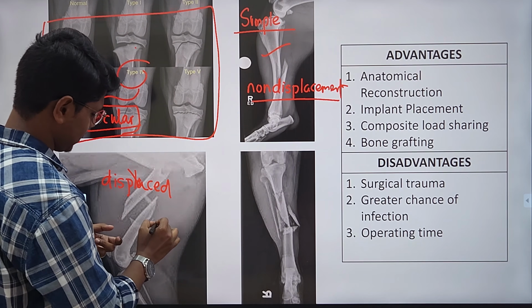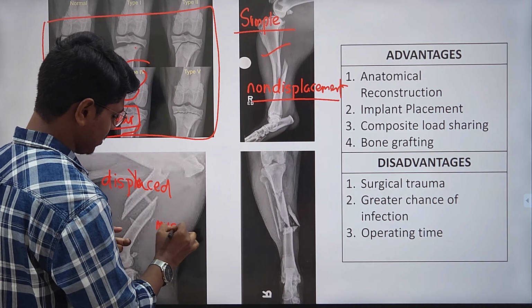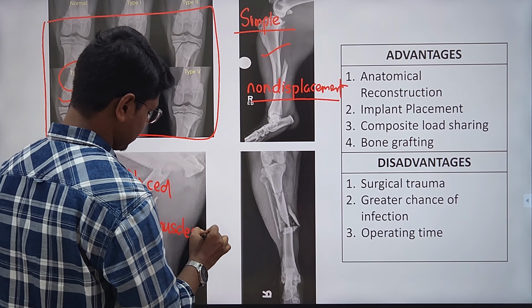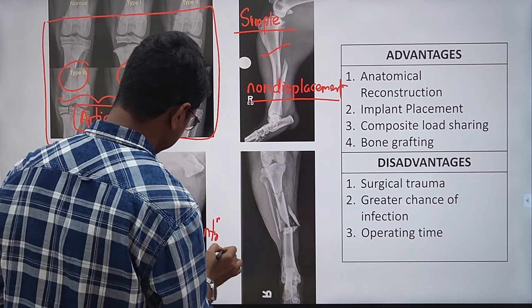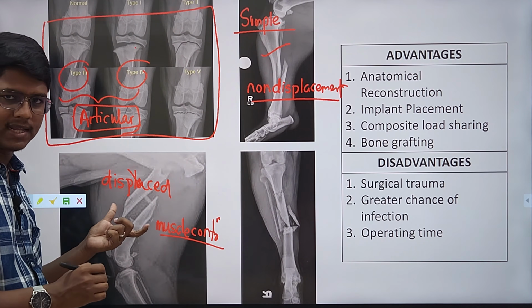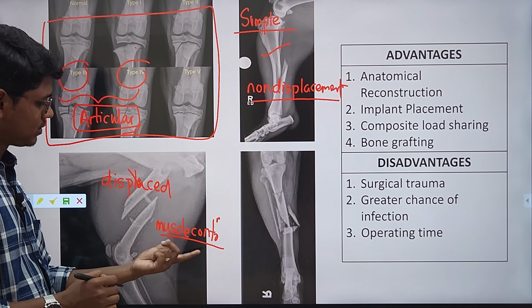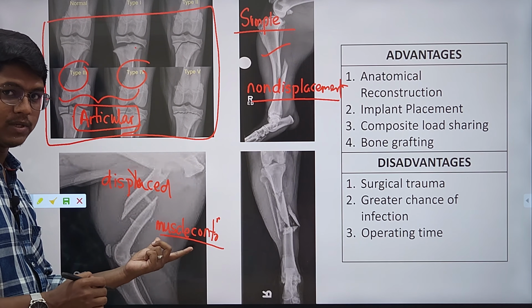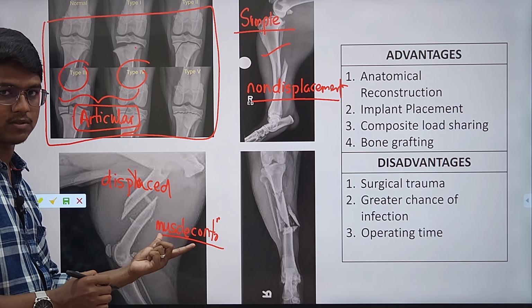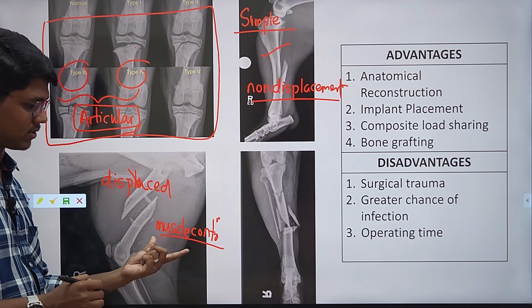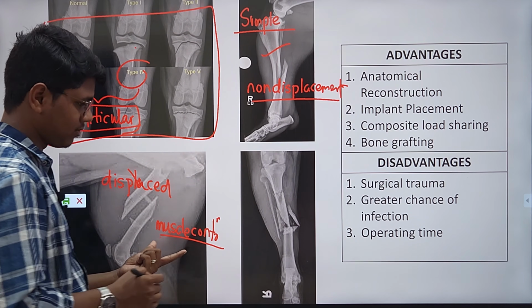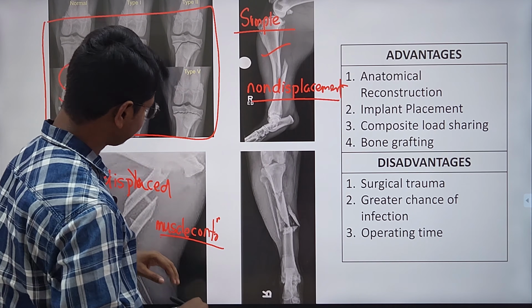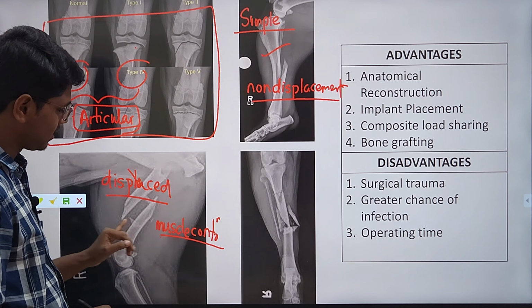Because of muscle contraction. When there is a fracture, the muscles will contract. Due to this, the segments migrate cranially or caudally. So the main problem in open reduction is this muscle contraction, and we must counteract it. For this we'll discuss later. Okay, don't worry.